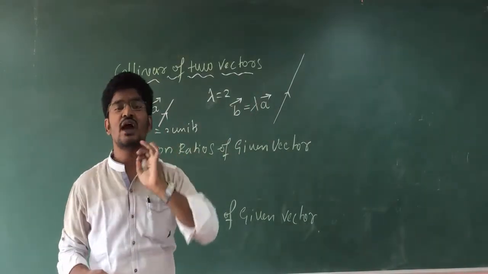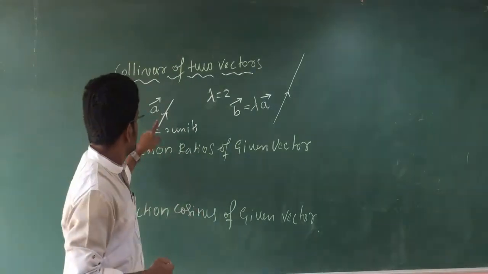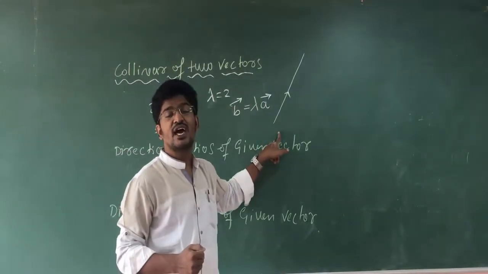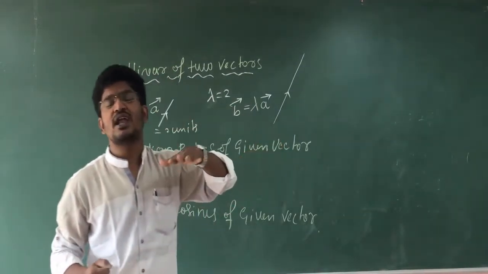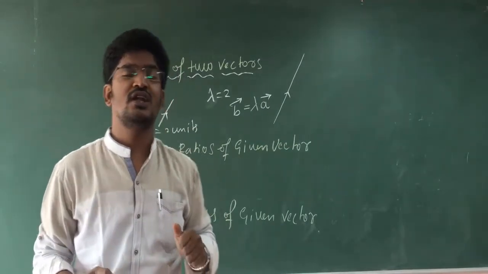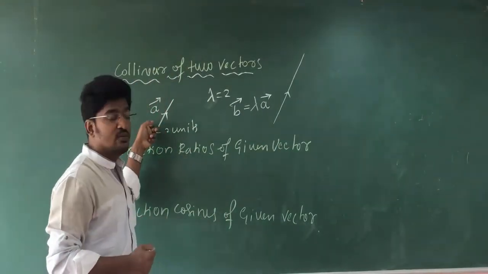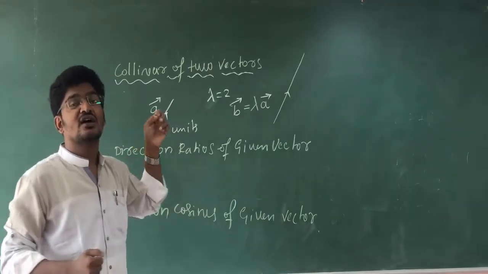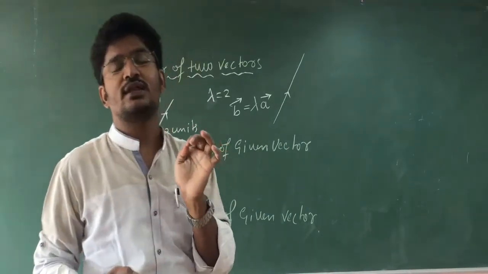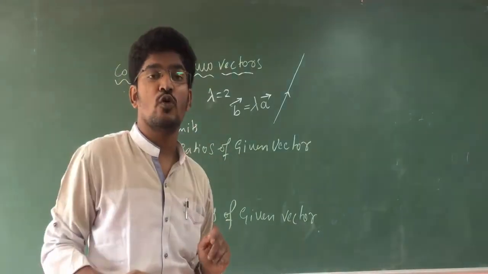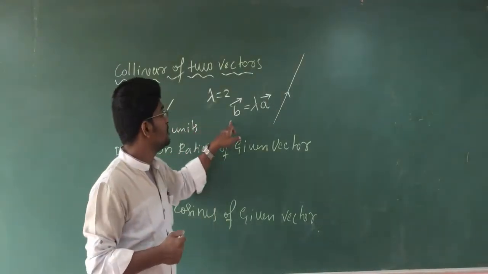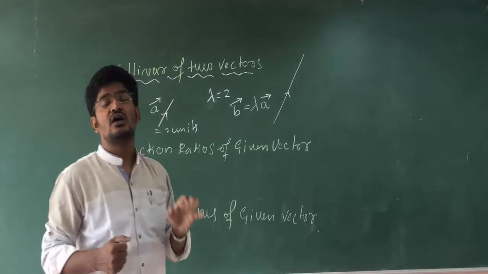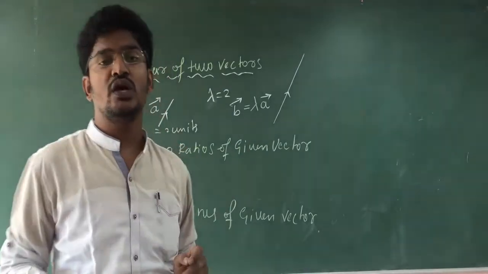Here one thing we have to observe, that both the vectors are in the same direction and they are parallel to the same vector. Are you clear? So therefore what we can say, vector B and vector A are collinear to each other.